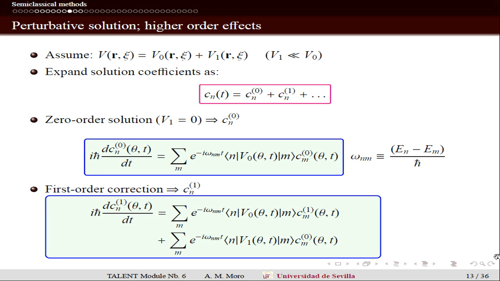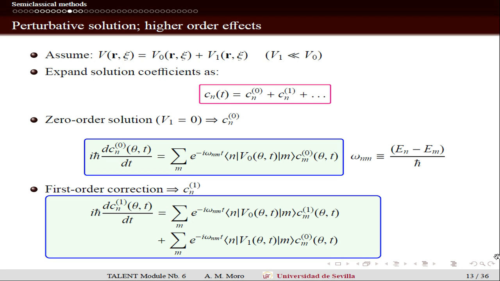So now the idea is, you see we have the dependence on the internal coordinates in both the V0 and the V1. So the idea is to make an expansion of the coefficients of this kind, such that this C0 corresponds to the solution in the situation in which we neglect completely this term here, assuming that this term is small. So we can solve exactly the coupled equations, but only for this V0.